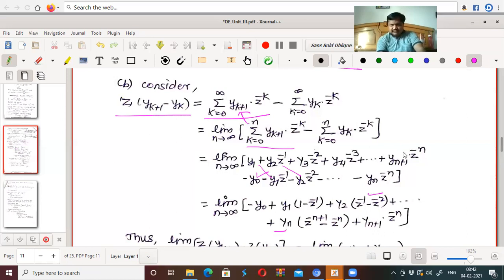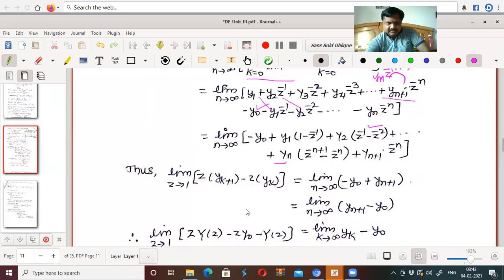So before this yn is there, z raised to minus of n minus 1. It is like this. So that is minus n plus 1. So yn into bracket z raised to minus n plus 1 minus z raised to minus n, plus this term only as it is, yn plus 1 z raised to minus n. Okay, that is the thing.